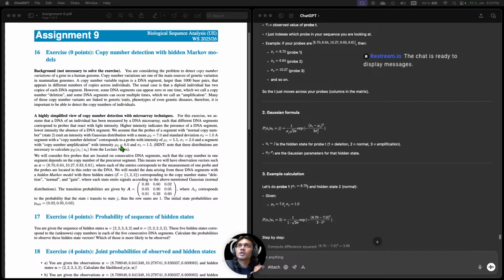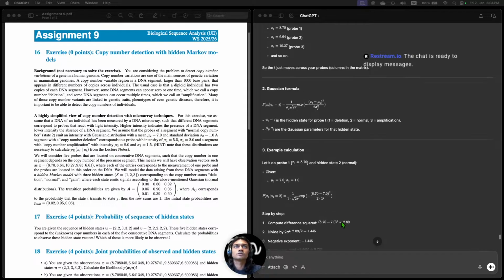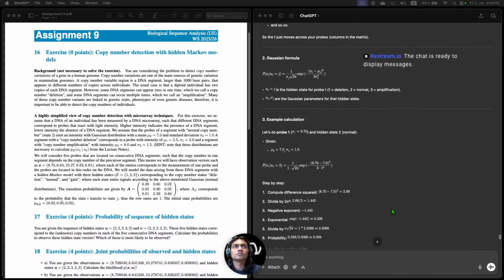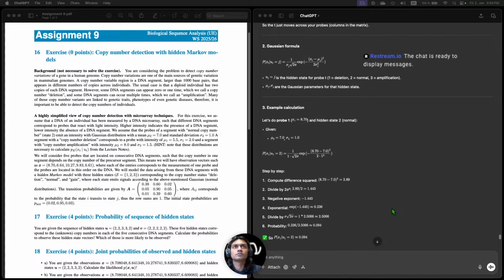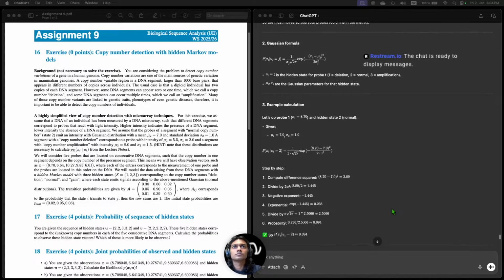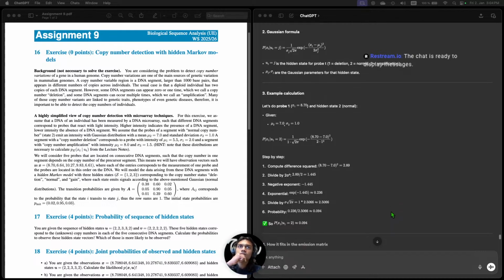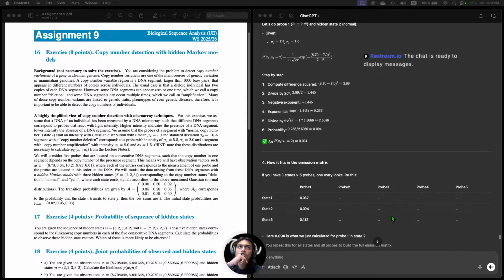Segment with the copy number deletion corresponds to a probe. How does it fit in the emission matrix?